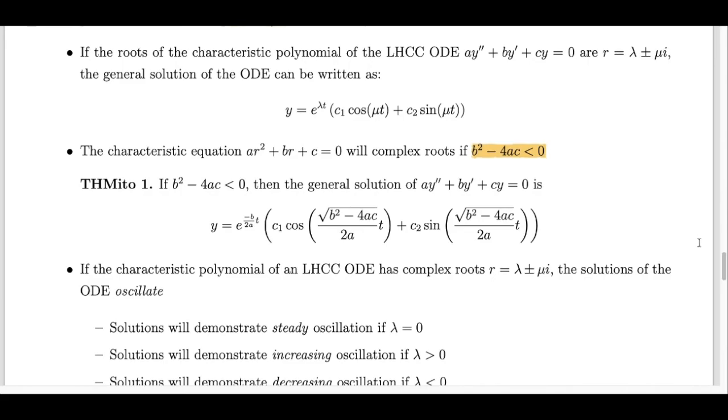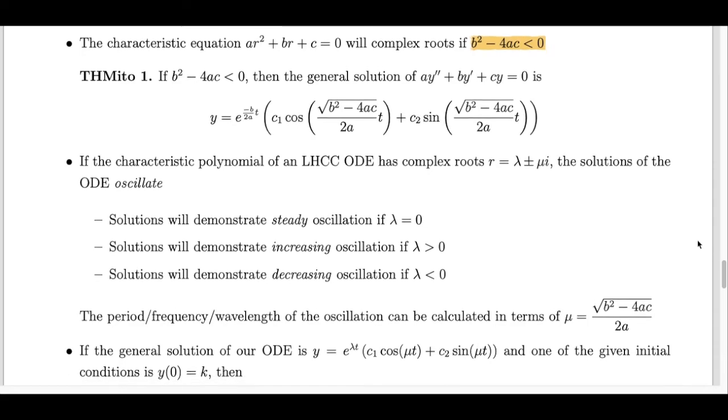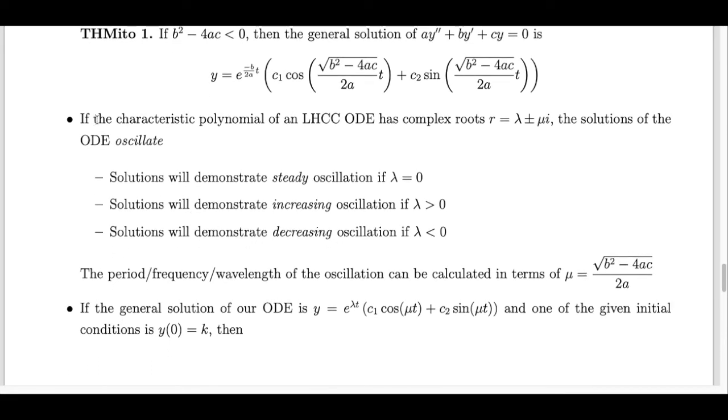The next bullet reiterates the point that I made previously, that if my characteristic polynomial has complex roots, then the solutions will demonstrate oscillation or oscillatory behavior. That means they'll increase and decrease with some set period. I've provided a little bit more detail in terms of the types of oscillation. We could have steady oscillation if lambda equals 0.